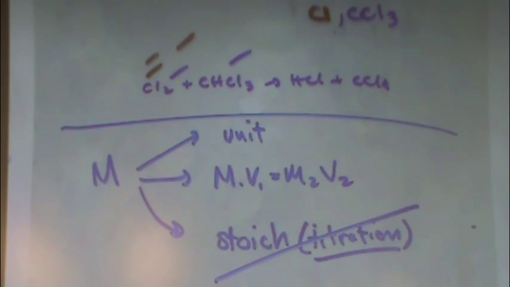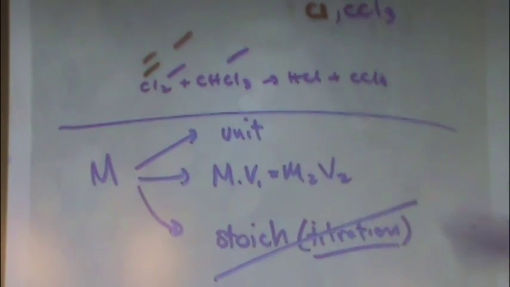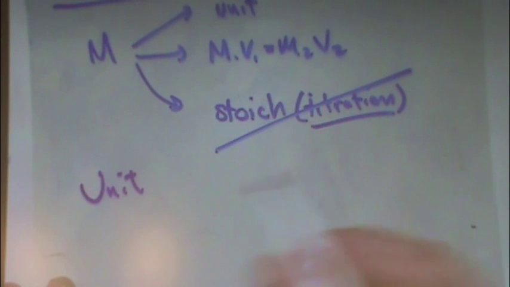So for the unit problem, both of these have one compound of interest. This is just where the molarity and volume is changing. There's some sort of conversion. If it's the first scenario, a unit sort of problem, we would give you some compound like, let's say, magnesium chloride.